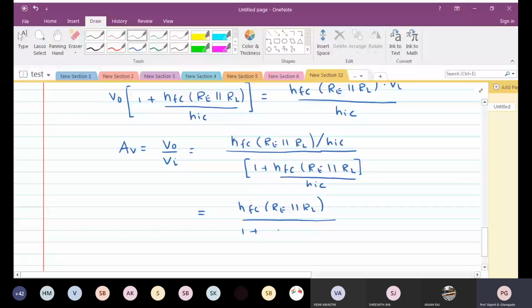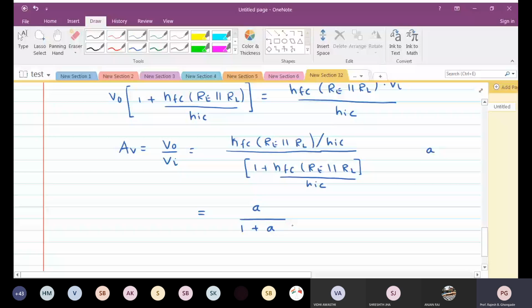Let us put it this way so that it is easier for you to understand. Call this numerator as A. So what do we have? Simply A divided by 1 plus A. You're getting this?